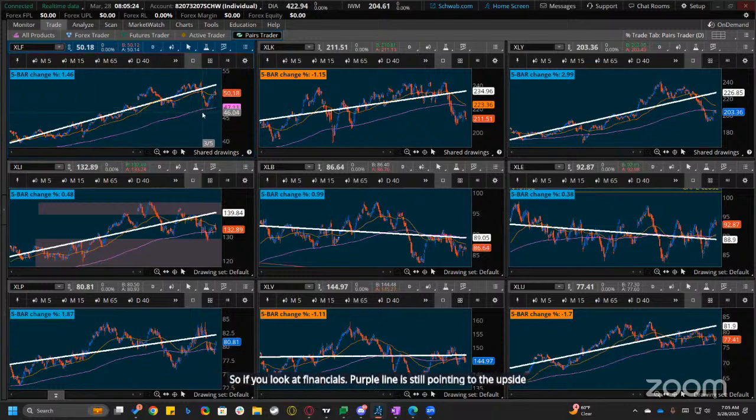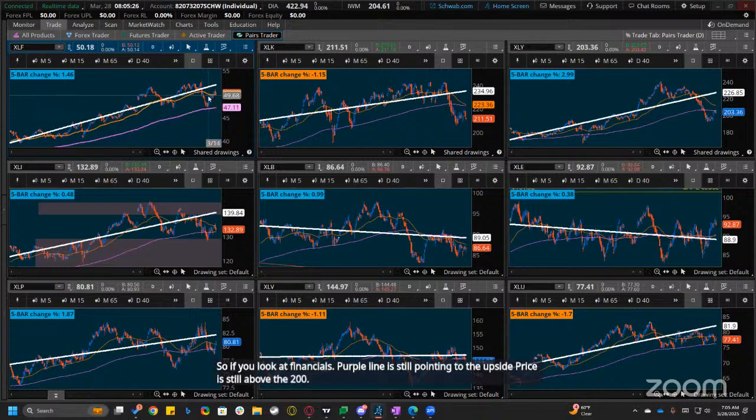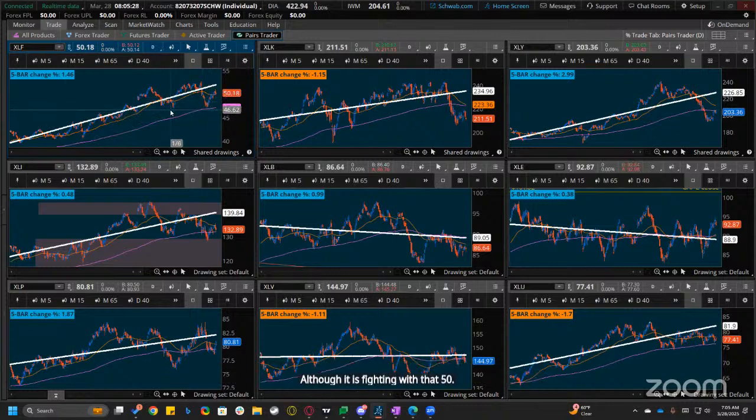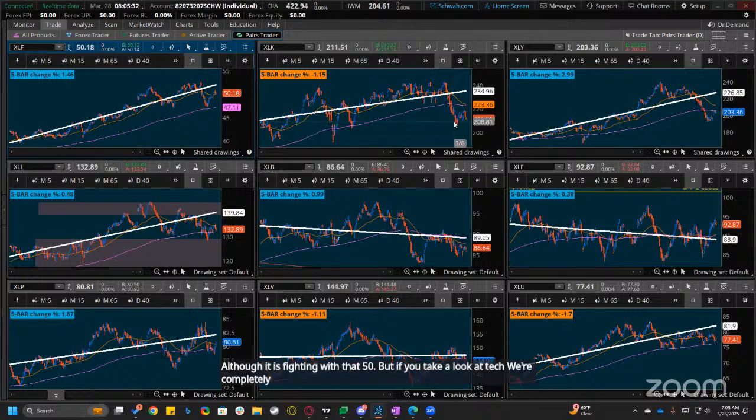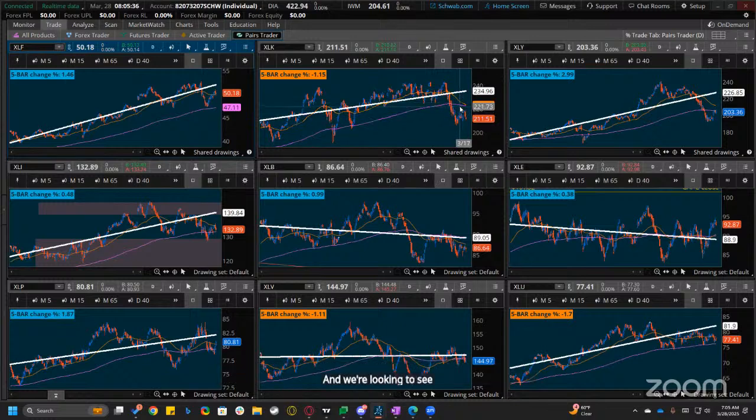Price is still above the 200, although it is fighting with that 50. But if you take a look at tech, we're completely below both, and we're looking to see a 50-200 cross to the downside. That's not a sign of health and strength. Consumer discretionary, we're under both, although we did pop back up into the 200, so we popped up into resistance.